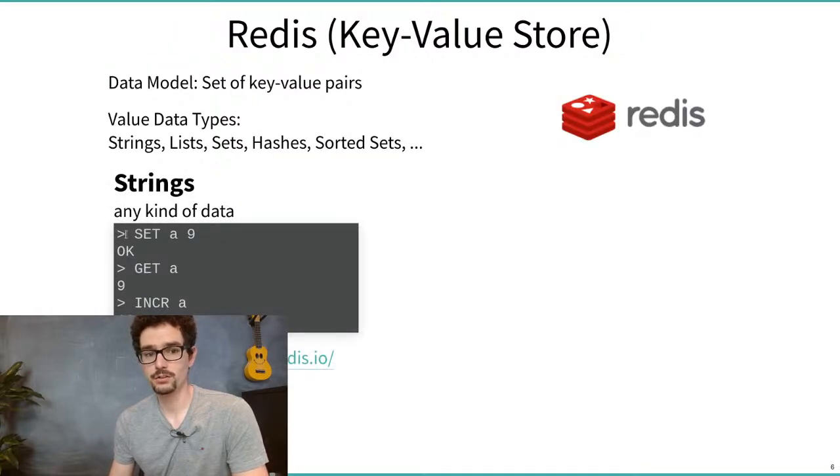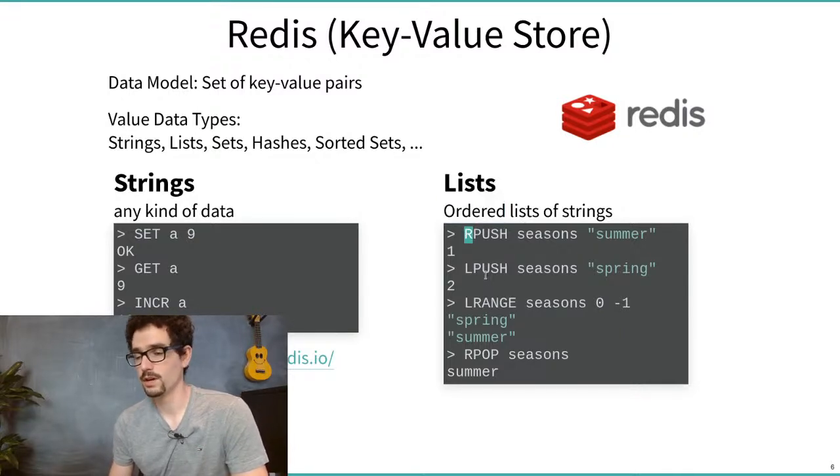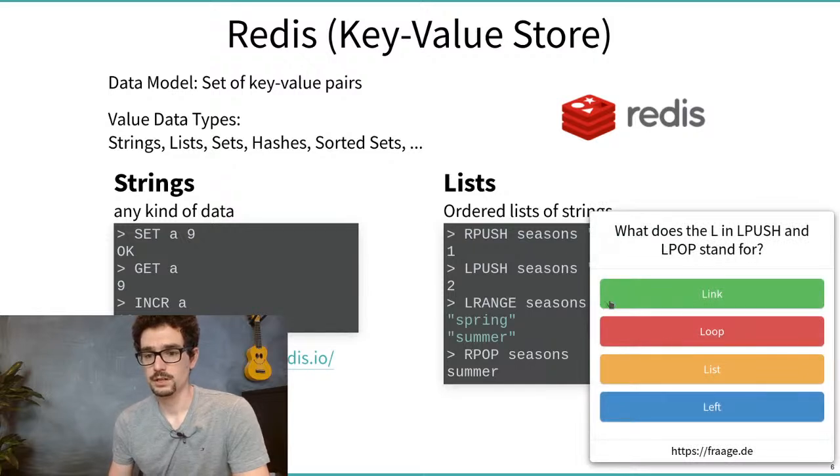We saw Redis. We can use set and get to simply add simple key value pairs. The value can also be a list. So the key is still a key and the value is now a list of multiple elements. They are ordered. They have a first element, second element. You can push something on the end and push something on the beginning, remove something from the end and in the middle and so on.